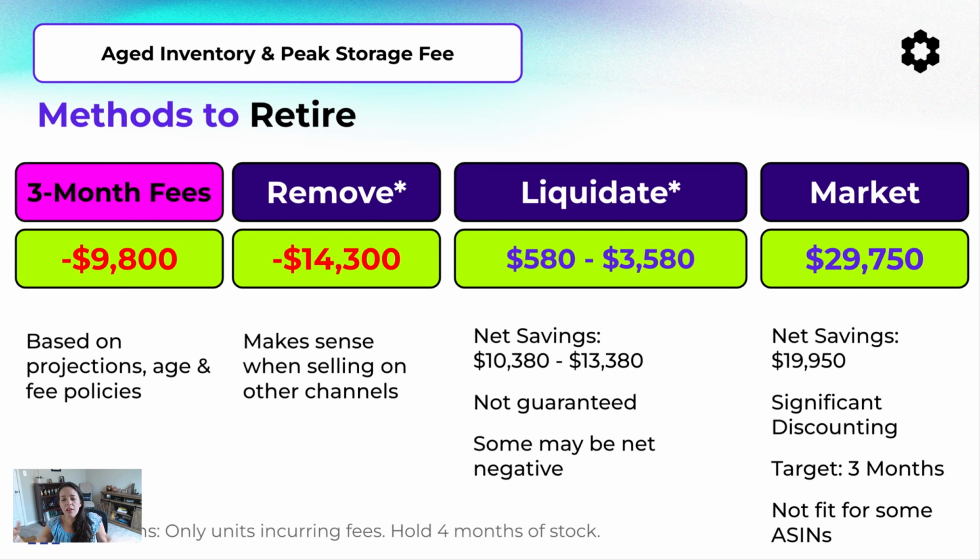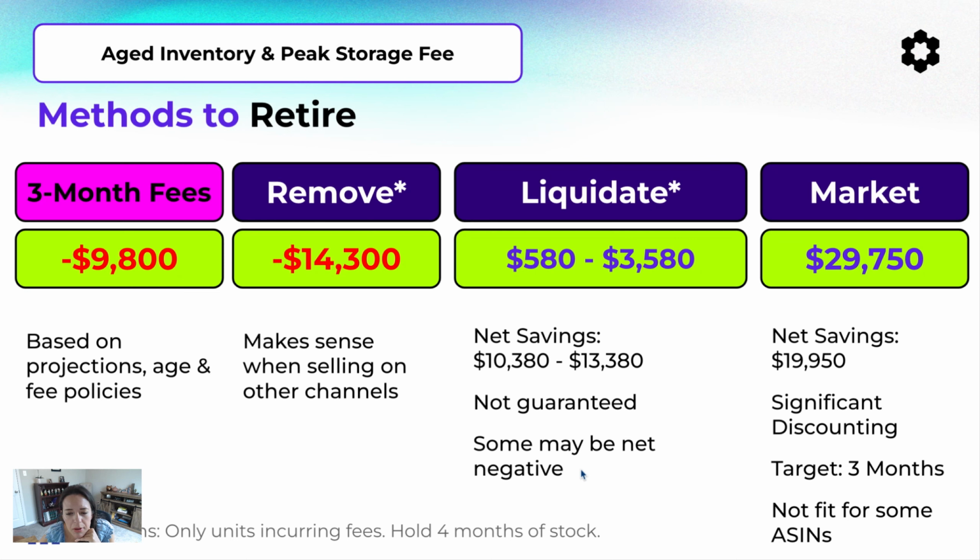Once all of that shakes out, we want to know how much money am I getting back? For this particular scenario, I'm getting between $580 and $3,580. When we look at the net impact, the net savings, we add the cash to the savings. And so the net return is between $10,000 and $13,000 rather than it just being this amount. It's this amount plus whatever we're saving.